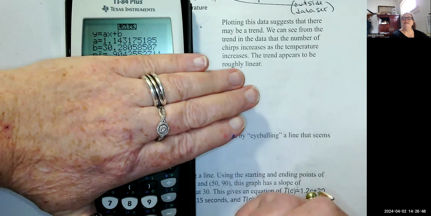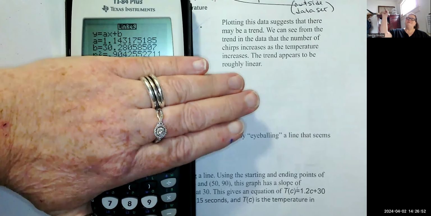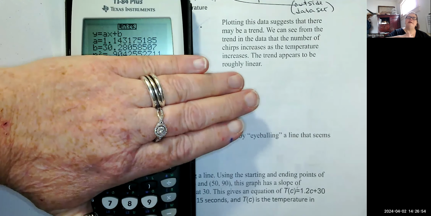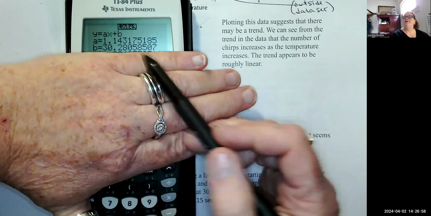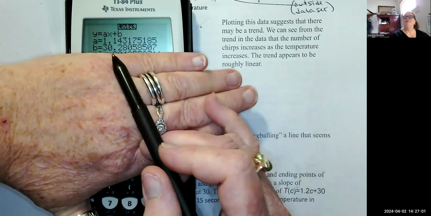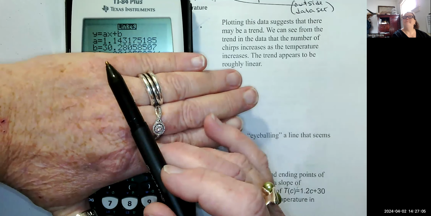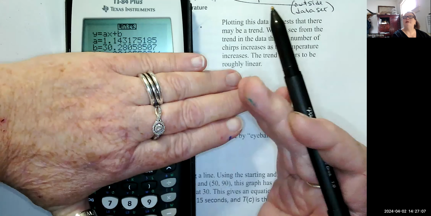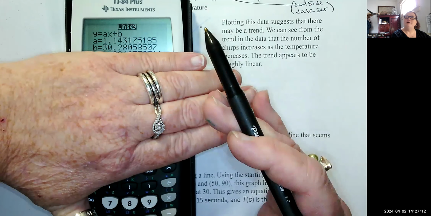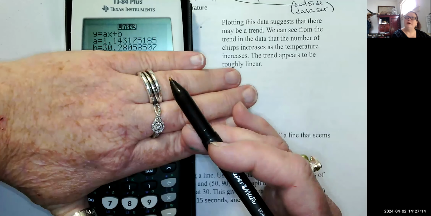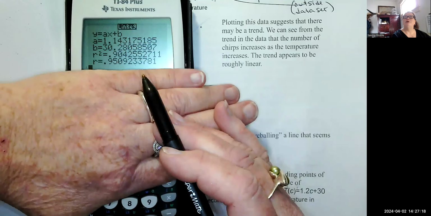This aligns really close to what we found using our sketched line that they had provided us. Remember, it was 1.2x plus 30. It's very similar. Okay, these are the numbers you would use to calculate the same way, but using the true linear regression or line of best fit. There is only one line of best fit. There is never more than one. Okay, so there's only one answer for this. The next thing I want to talk about is the correlation coefficient.